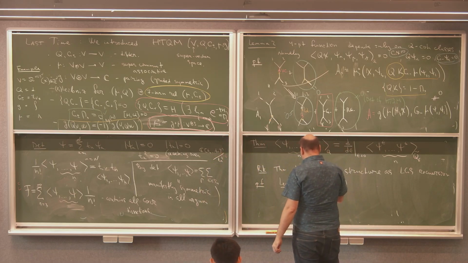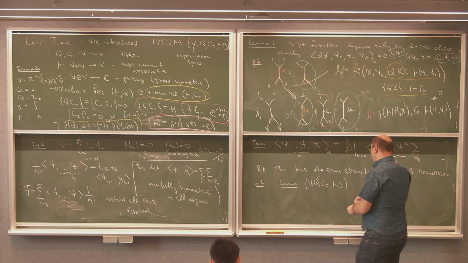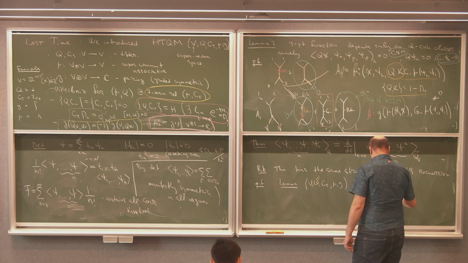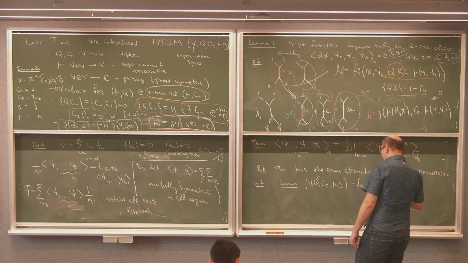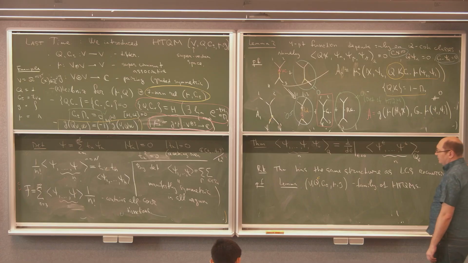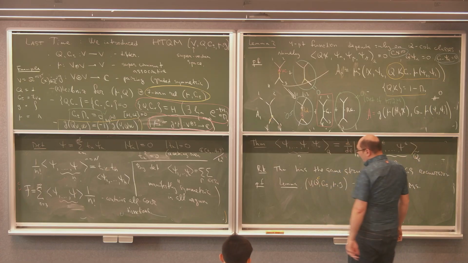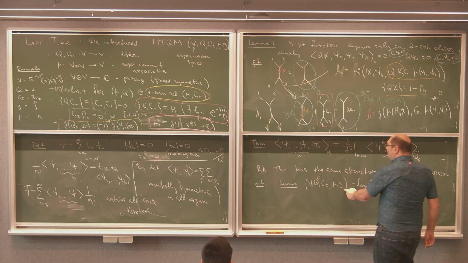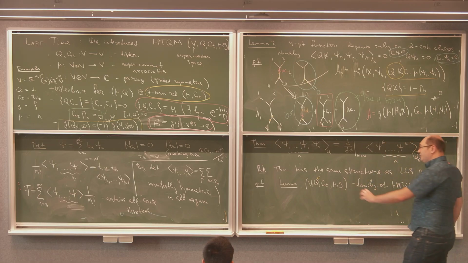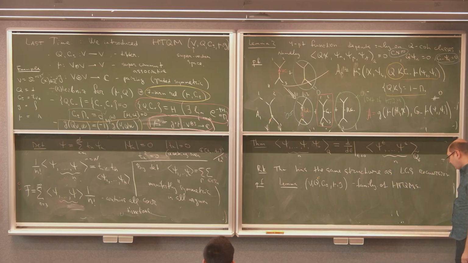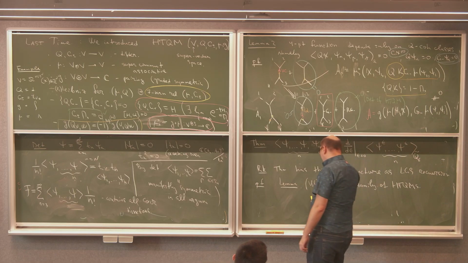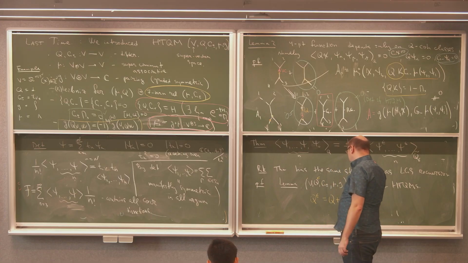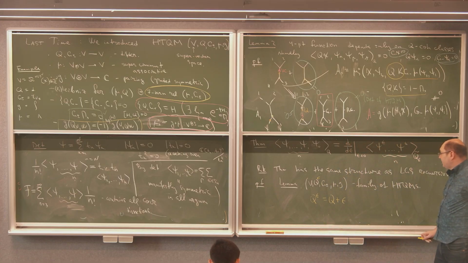So we can imagine studying a family of HTQMs. The HTQMs in this family will have the same V, G plus minus, multiplication and G, and the only thing that changes is Q. The Q epsilon in the family starts with Q plus some additional term in epsilon.